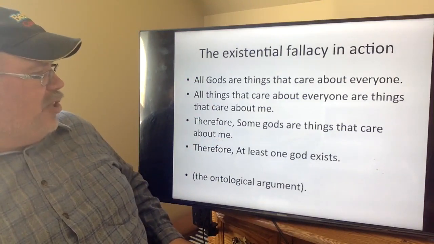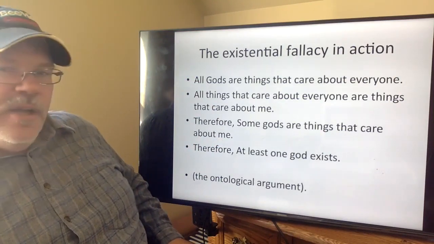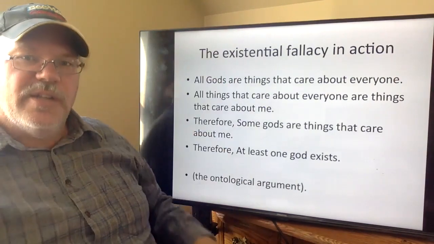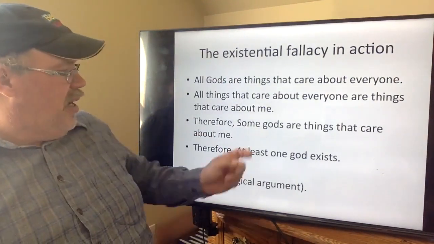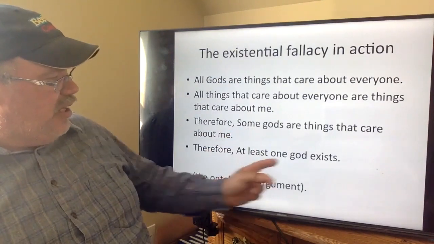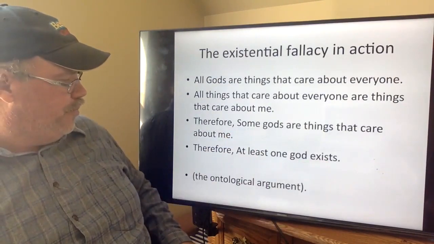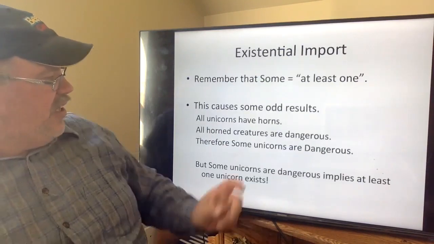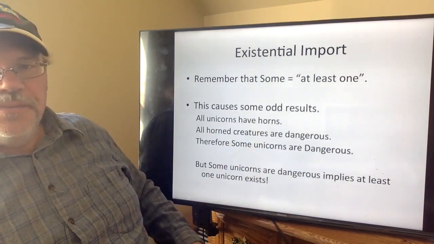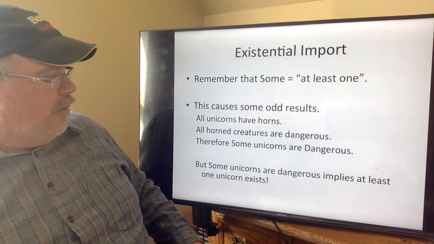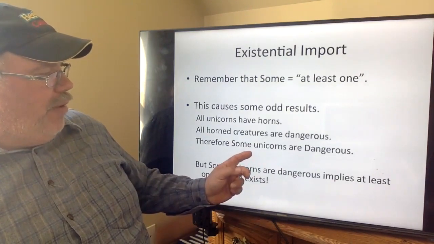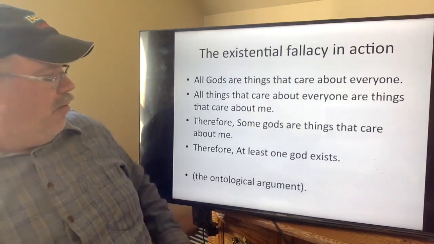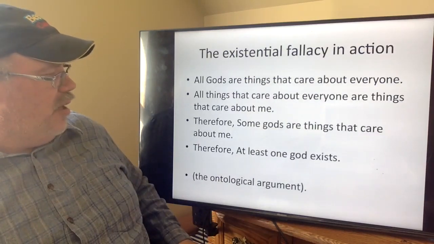And for much of the history of philosophy, people said, aha, there you go, proven it, God exists, because the interpretation of "some" is "at least one" God exists. Now, our problem is that's exactly like the unicorn example. If we're not so sure about unicorns, why are we so happy about the gods?